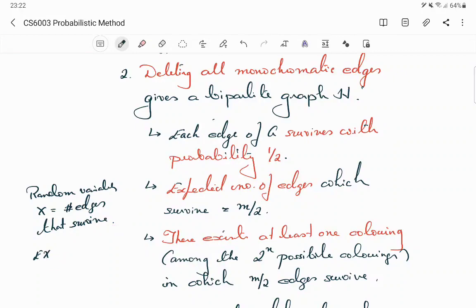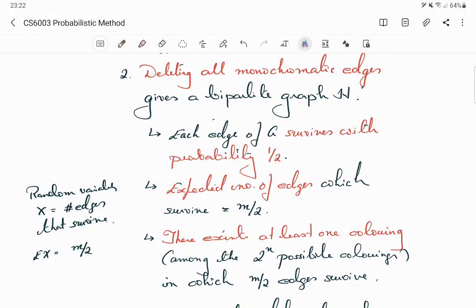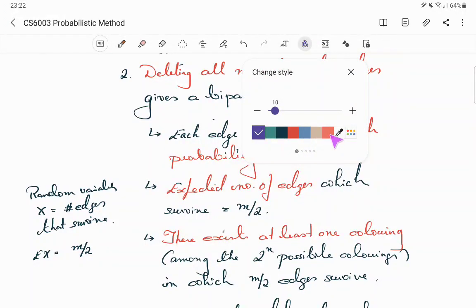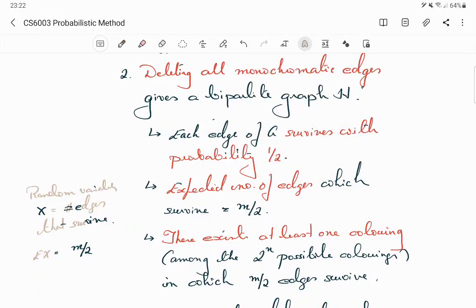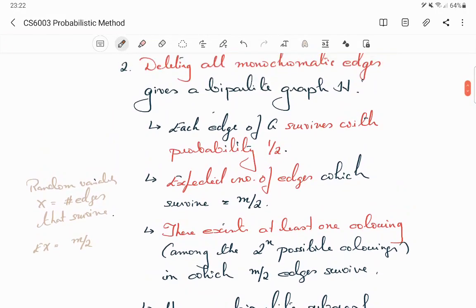That's what we have said: the expectation of X is m by 2. The expected number of edges that survive is m by 2. Now, from that, it follows that there is at least one coloring in which at least m by 2 edges survive.